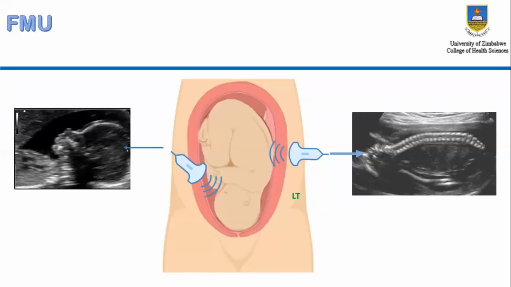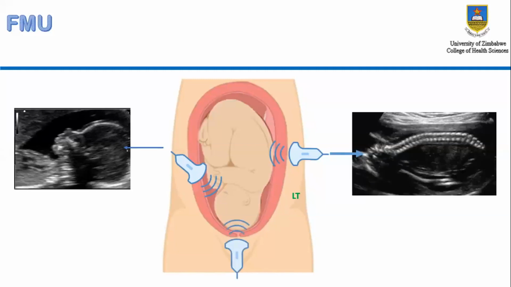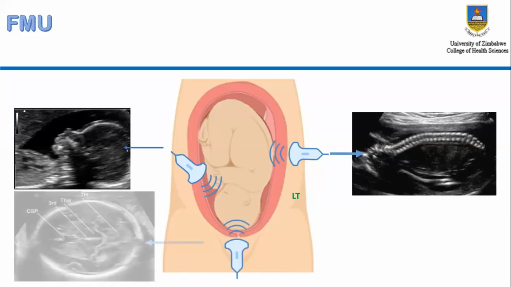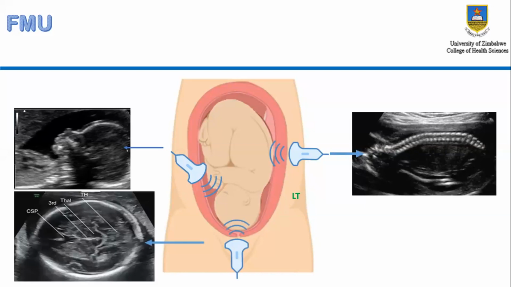Then if we put our probe on the anterior aspect of the maternal tummy in transverse, we are going to get a transverse or axial image of the fetal head. So knowing how the fetus is lying, despite the fact that the fetus is cephalic, or having an imaginary picture of how the fetus lies within the mother's tummy, will enable us to know where we should position our probe.